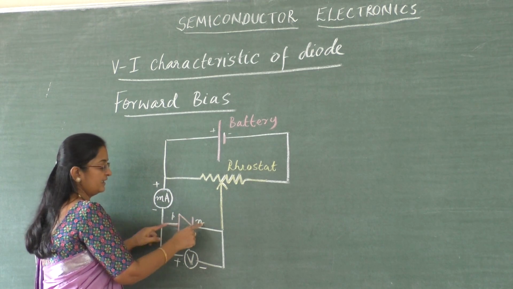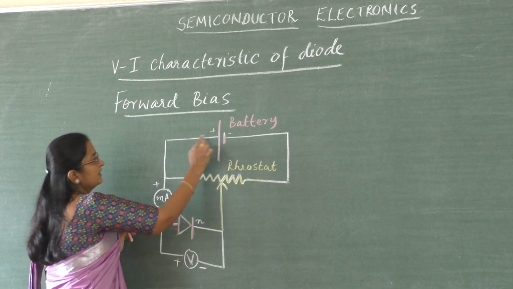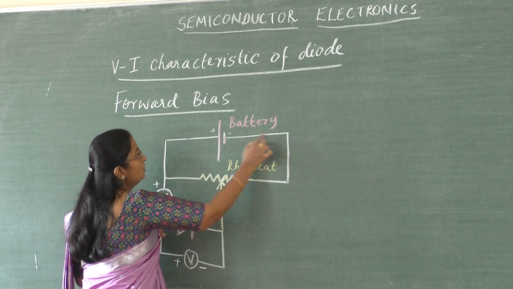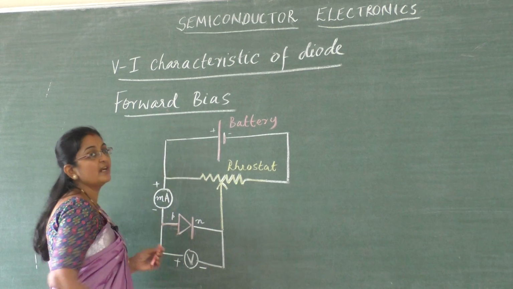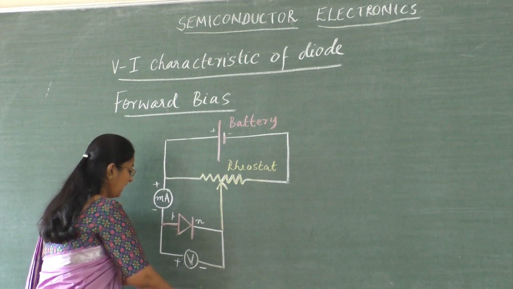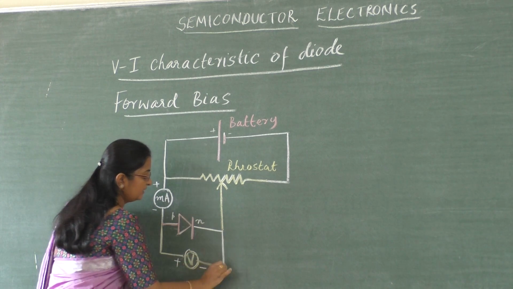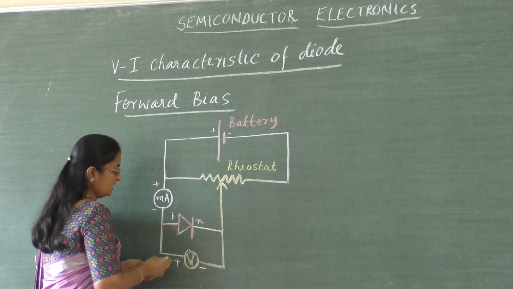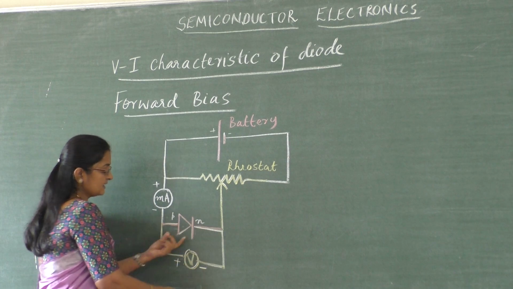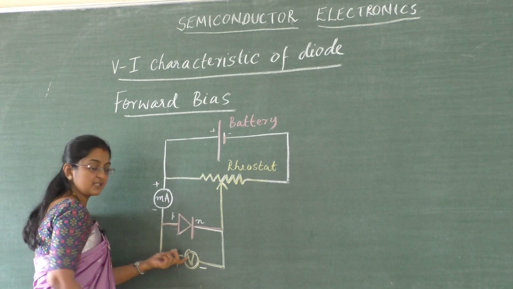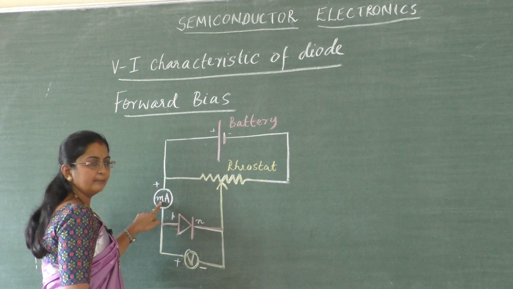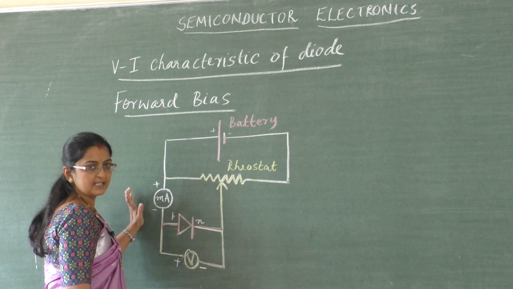Here it is P side, here it is N side. P side is connected to positive terminal, N to negative terminal, so it is said to be under forward bias. And this device here, V, is nothing but voltmeter to measure potential difference across this diode. And it must be connected in parallel, and ammeter must be connected in series.